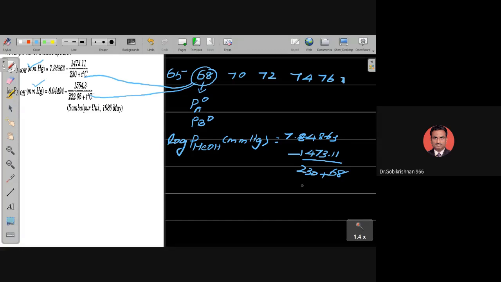Similarly, you have to find it for the other alcohol also. All of you do this calculation. Let me know the answer for this one. Make it fast. At 68, what is this? 794.32.